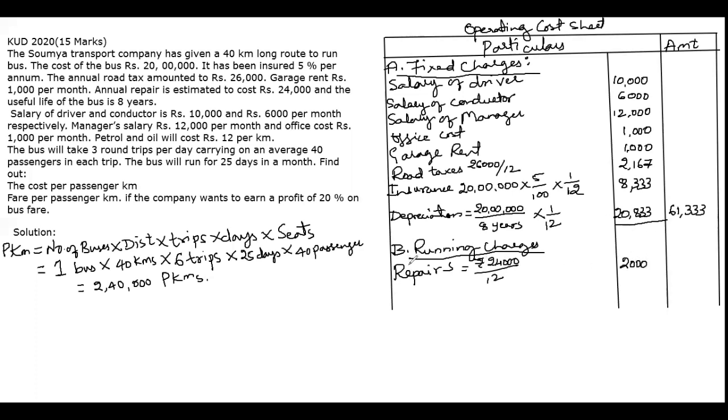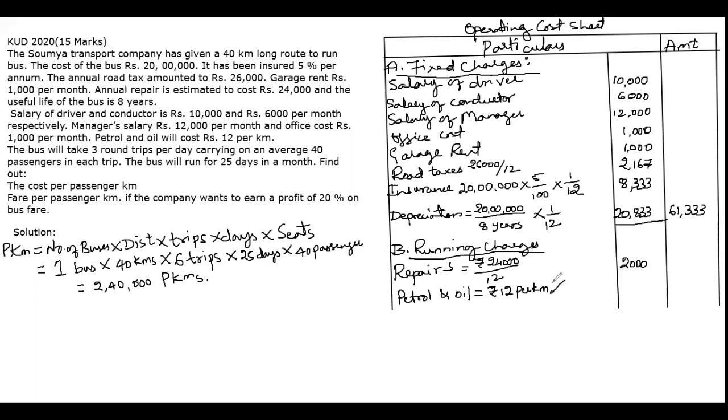And next we have petrol and oil. So we have one working note here. What they have given, rupees 12 per kilometer.